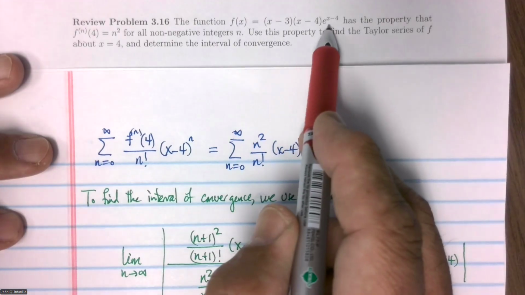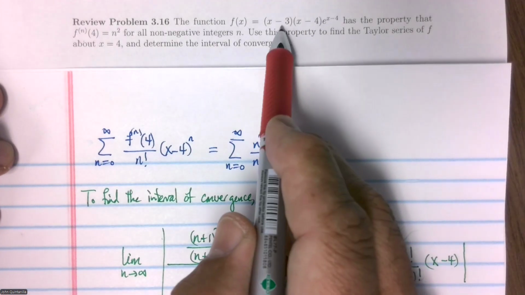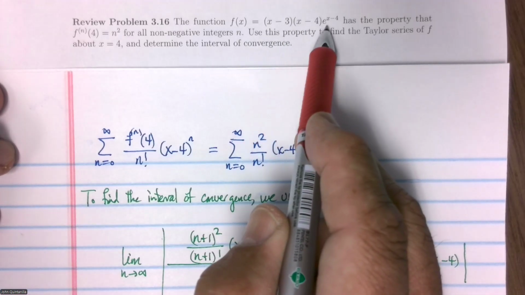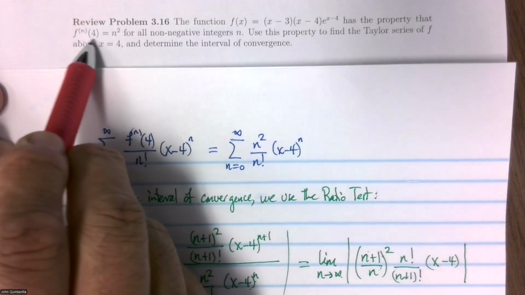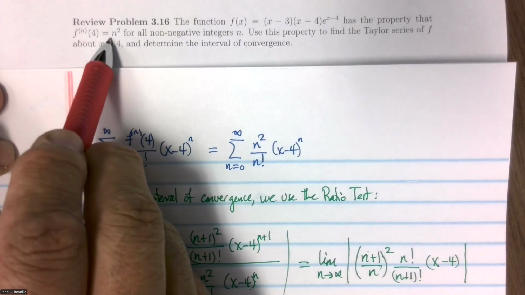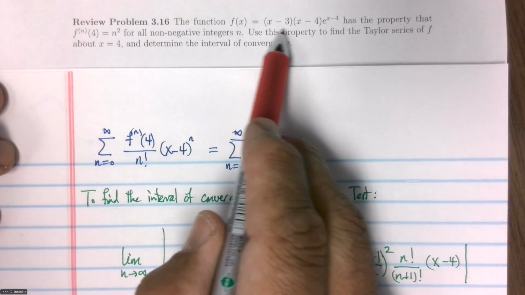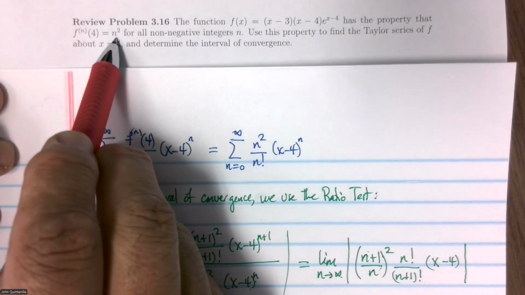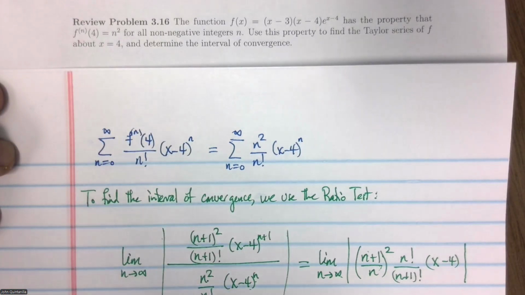I mean, just finding the second derivative of this is going to be painful using the product rule. So finding the first derivative is going to be tough. Finding the second derivative is going to be really complicated. And somehow the second derivative is equal to 2 squared equals 4. And the 10th derivative looks almost impossible to figure out for this. And somehow if I plug in 4, that equals 100.